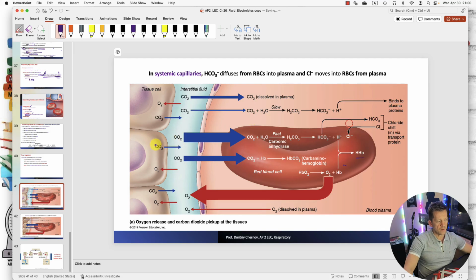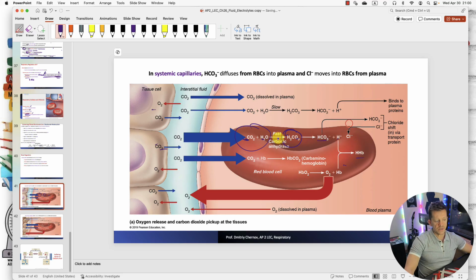So let's say carbon dioxide from the tissue enters and is loaded in the red blood cell to be removed. The carbon dioxide within the cells would be combined with water, and that is faster compared to the renal system. So now you have this carbonic acid, and this carbonic acid would be broken down into bicarbonate and hydrogens.